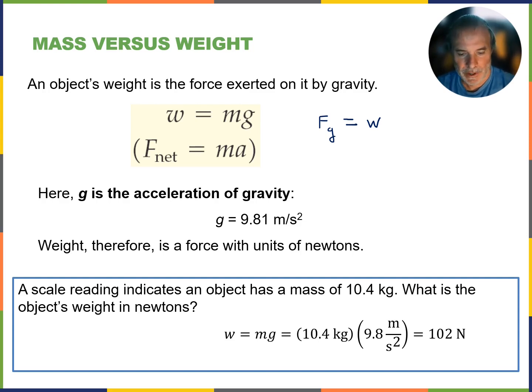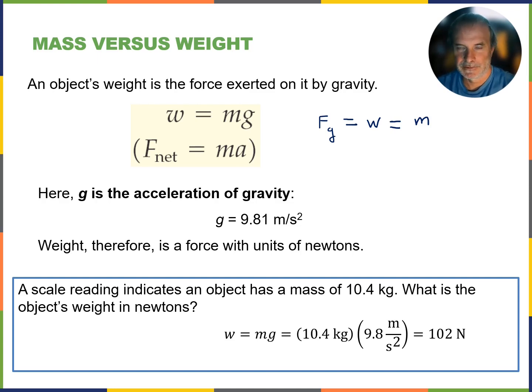So if you have an object that you've dropped or thrown, that object is in free fall, and we know that that object is accelerating. So let's just consider the case when the net force on the object is the object's weight. So F net is equal to ma.